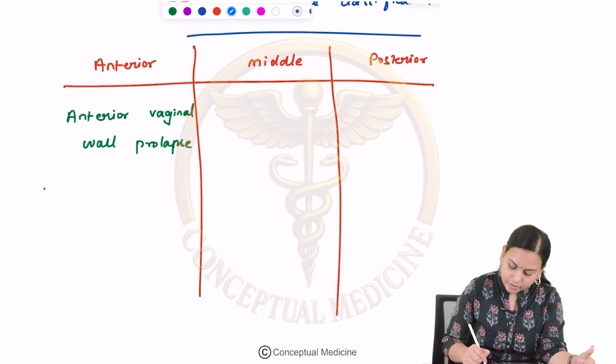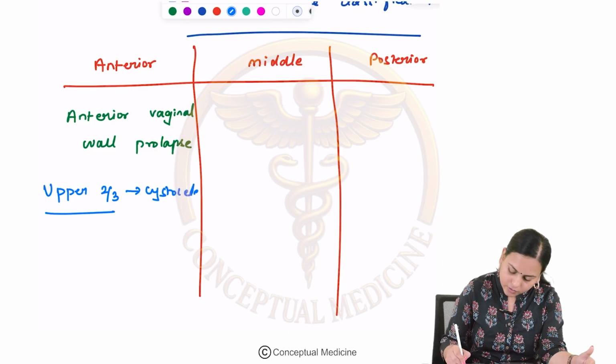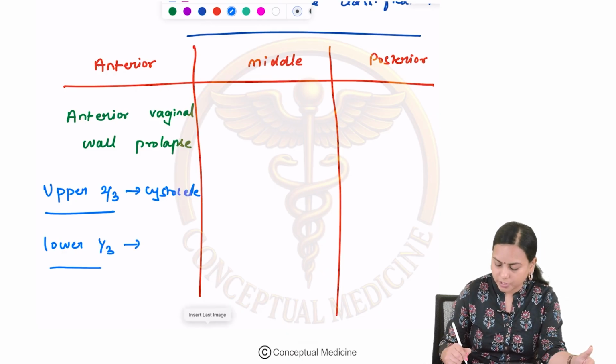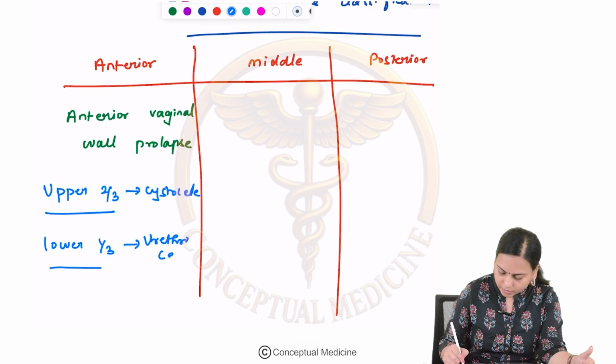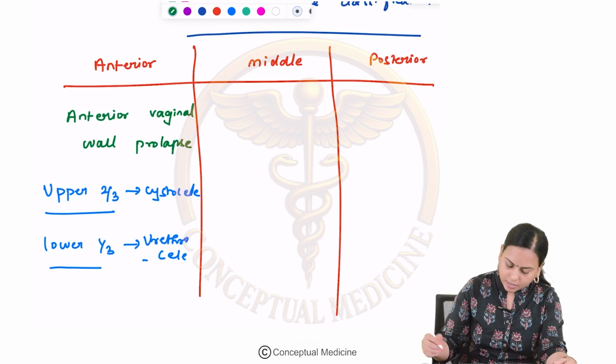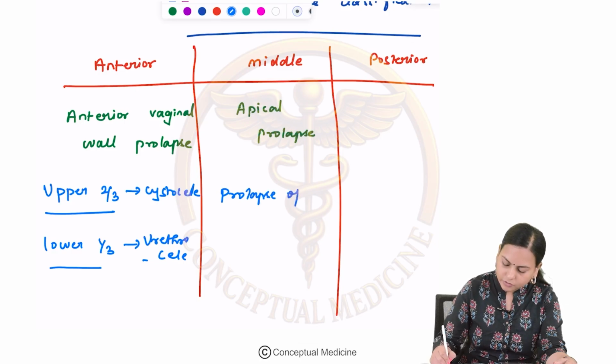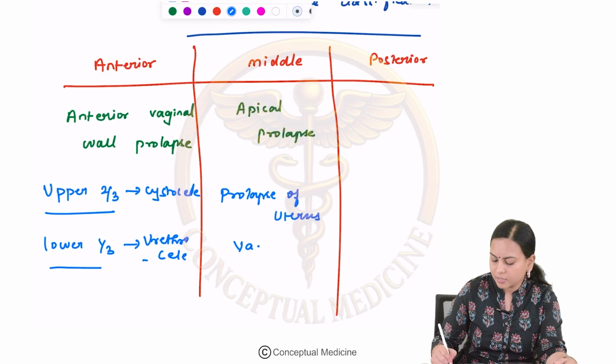Here the upper 2/3 prolapse can be associated with cystocele and the lower 1/3 prolapse is usually associated with urethrocele. Clear? Coming to the middle compartment, it is nothing but an apical prolapse. Okay. Here there is prolapse of the uterus and the vaginal vault as well.